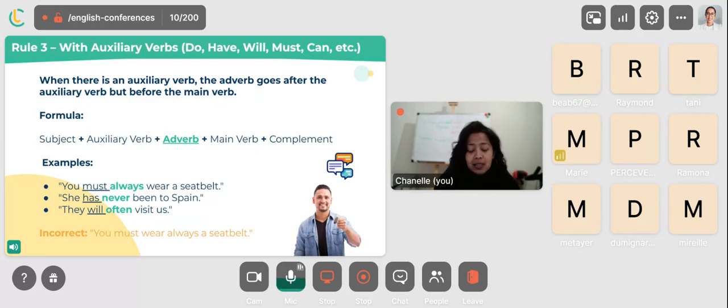For example, you must always wear a seat belt. She has never been to Spain. They will often visit us. An incorrect use of the adverb in this situation is, you must wear always a seat belt. No, when we have our auxiliary verbs, the adverb will go between the auxiliary and the main verb.